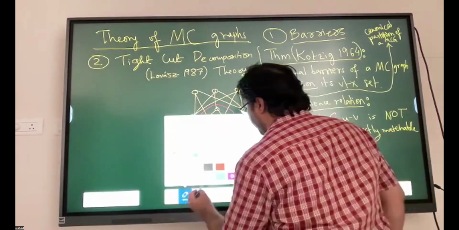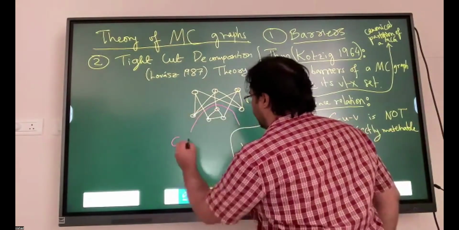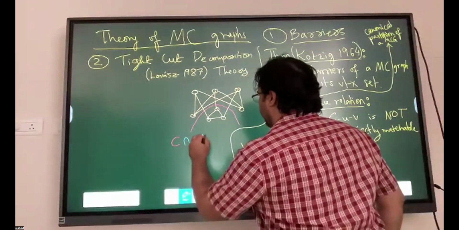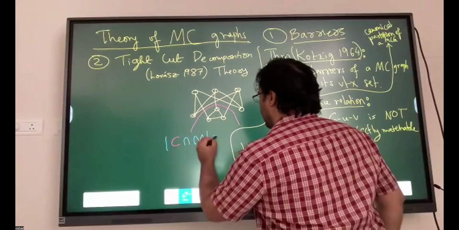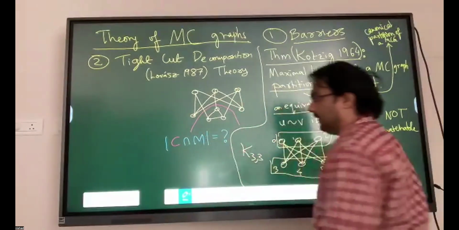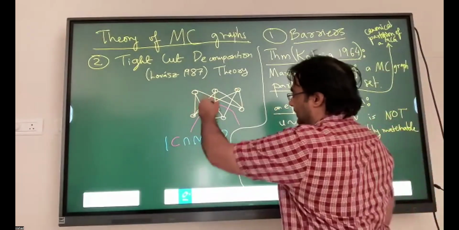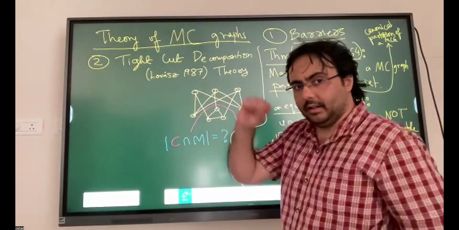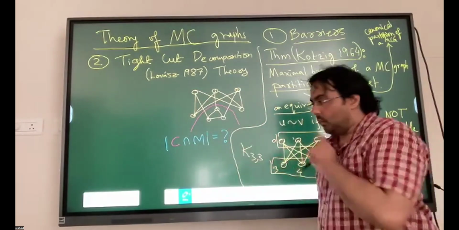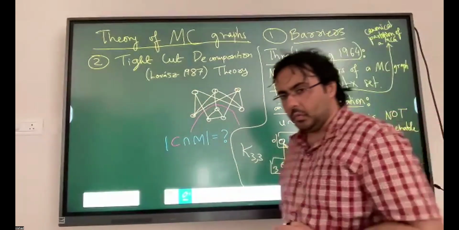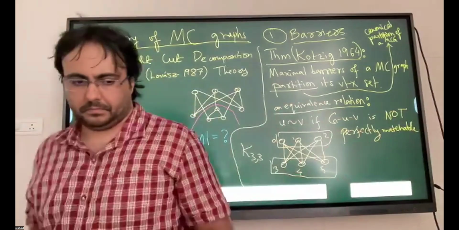And I want to ask you, what happens if you take the intersection with any perfect matching in this graph? So what is a cut? The cut is these three edges that are leaving the triangle. What is the intersection of this cut with any perfect matching?